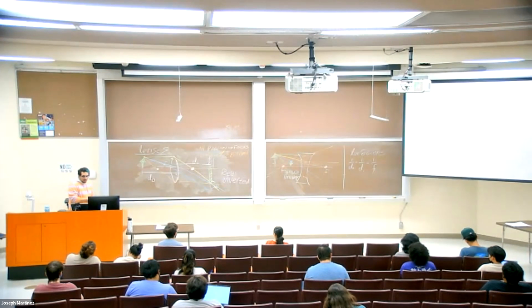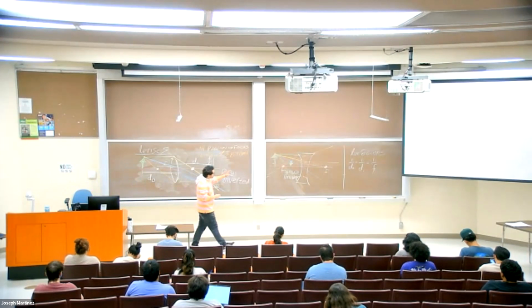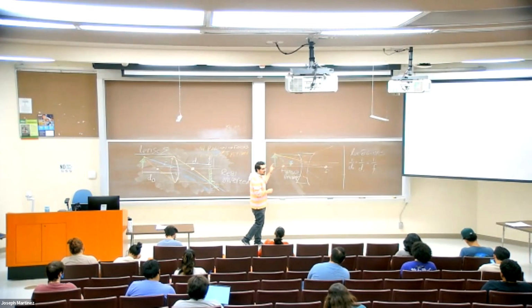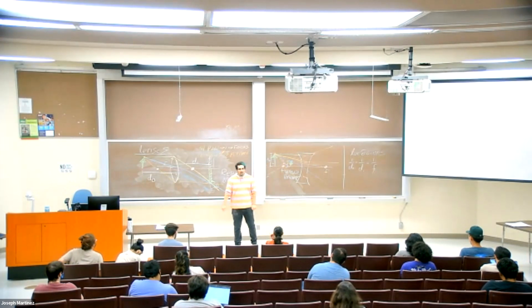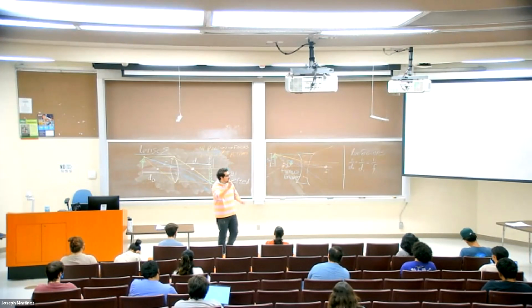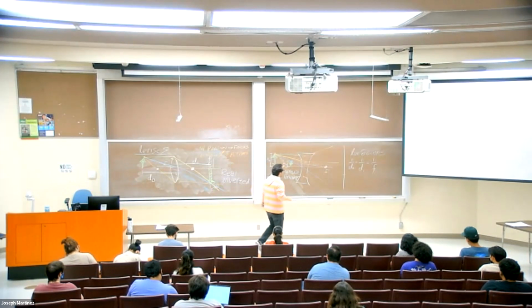The other thing we might care about is magnification, meaning how tall is our image compared to our object. So we say this is height H_O, and this is height H_I, H subscript I. So our image height and our object height are given by these.